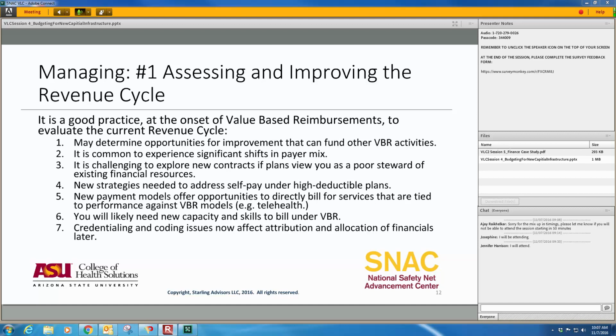One of the key strategies that we've recommended all organizations undertake, really as they see that value-based reimbursement may be inevitable in their community or in their region, is to just better understand their current financial performance. And there's a lot of reasons why we feel this is a worthwhile strategy.